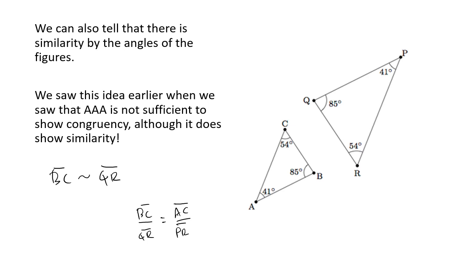So I don't know what the lengths are necessarily, but I know that the lengths are in that constant proportion, that they hold the same ratio, and so I can show similarity, or I can show that as a result of the similarity. So if I have that fixed point and I can see the dilation, that shows similarity, but also knowing the angles are all congruent will show similarity.